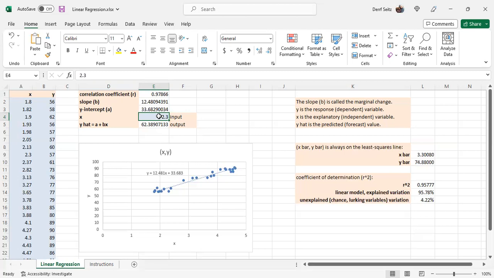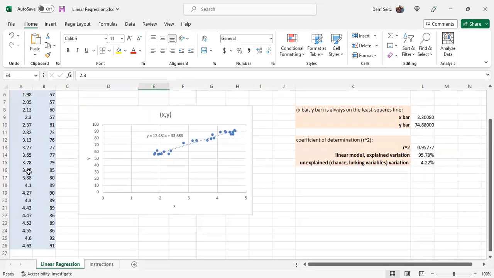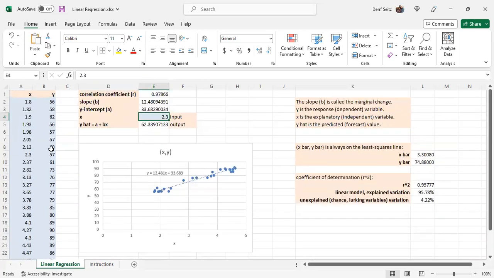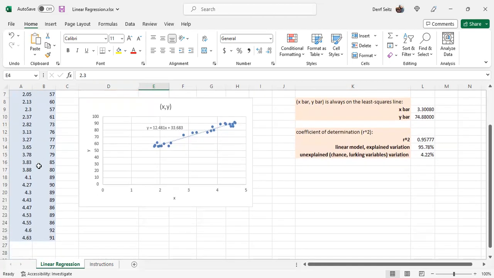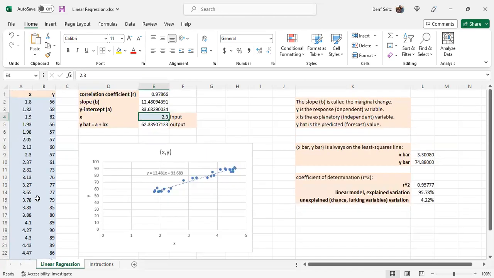You should restrict your x values to the range of values. These ordered pairs are sorted, but they don't have to be sorted. The x's could appear in any order, but you can see that 1.8 to 4.63 is the only range of x values for which we have an indication that there is a linear relationship.